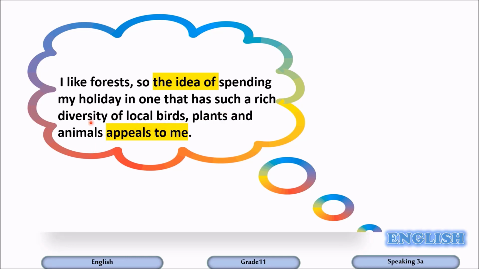When I say diversity of local birds means many different or various local birds, plants and animals appeals to me. So the idea of, and you choose the idea, appeals to me means interests me.